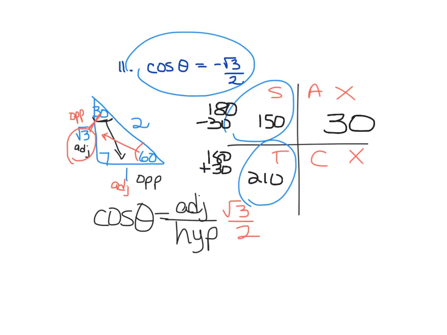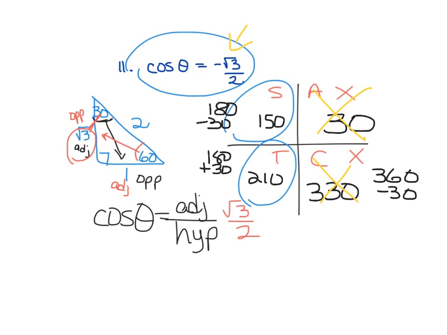And to get the angle measure for quadrant 4, which I don't need because I already see that it's positive, I subtract it from 360, and that's 330. The reason why I crossed off 1 is because cosine is positive in 1, and this answer is negative. The reason why I crossed off quadrant 4 is because that C for calculus stands for cosine, and cosine has to be positive in quadrant 4.